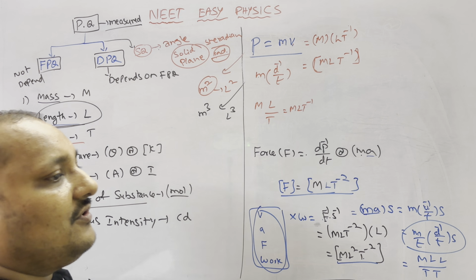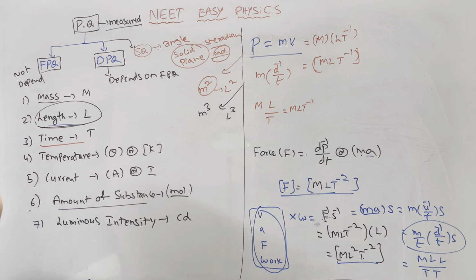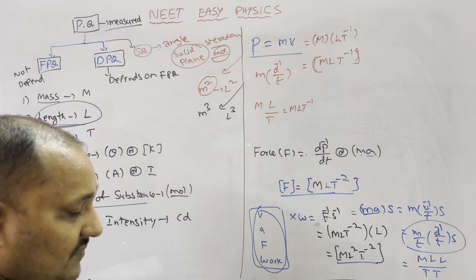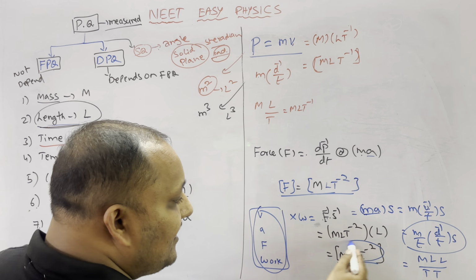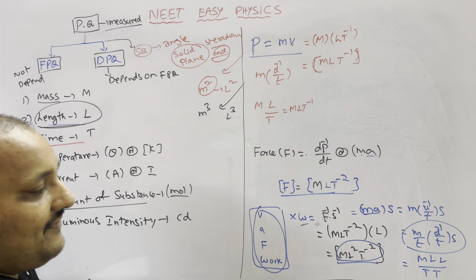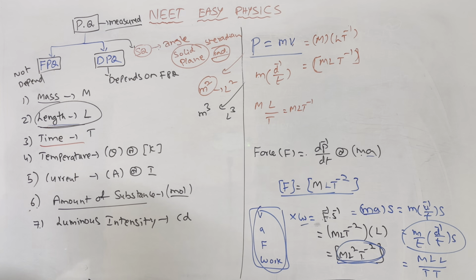You have to recall it 4 or 5 times, whenever you are saying good morning, good afternoon, good night to your teachers, physics teacher especially. Instead of good morning, you can say M L square T power minus 2 is the work done. If you are saying bye bye, see you to your friends, each one of you will recall the dimension formula, then you will remember those dimensional formulas.